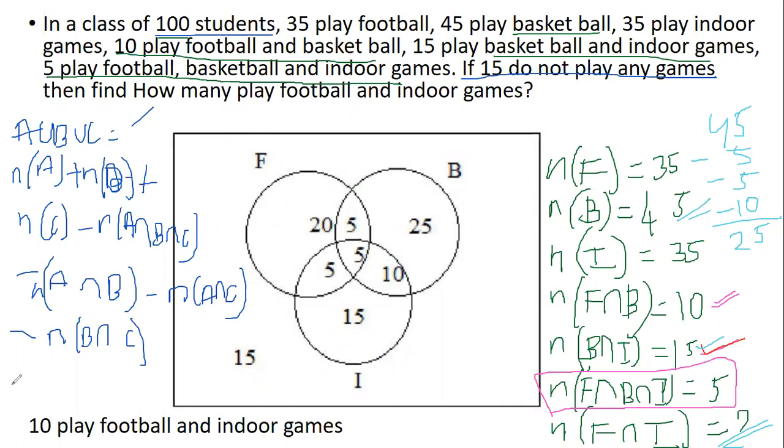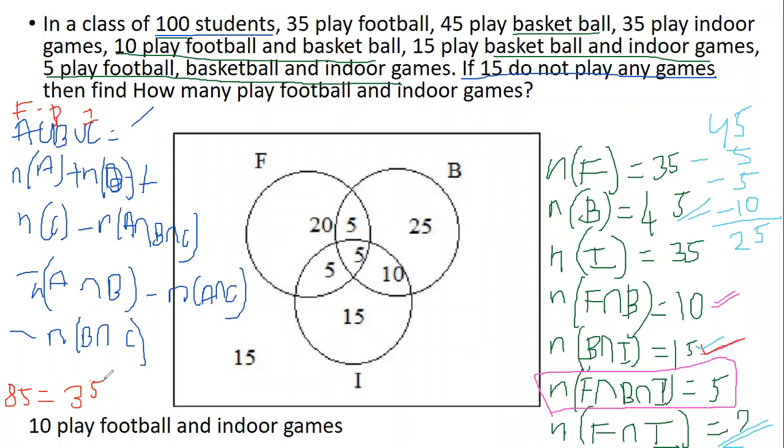Now for A union B union C, it is 85 is equal to, what is N of A? A is nothing but F, B is basketball, and C is I, which is indoor games. So N of F is 35. Sorry for the bad handwriting because I'm using the mouse here. So kindly adjust and try to write it as neatly as possible.